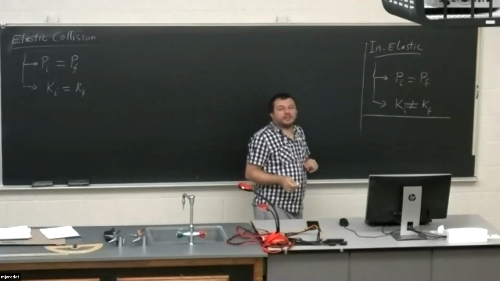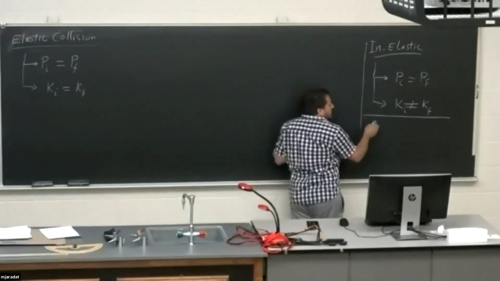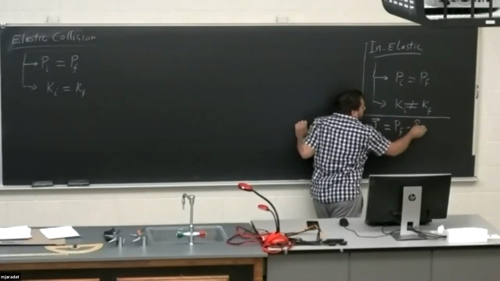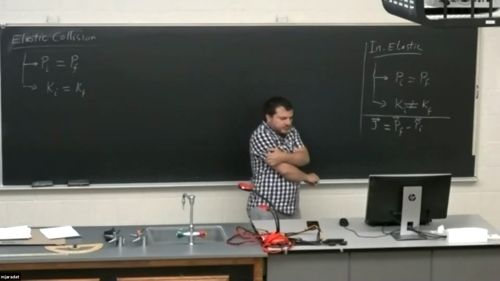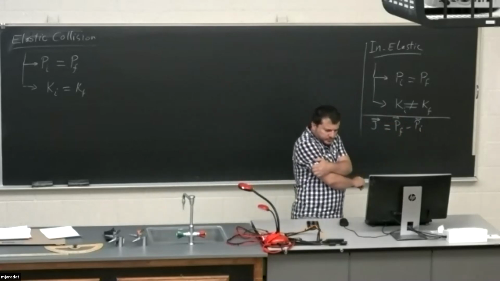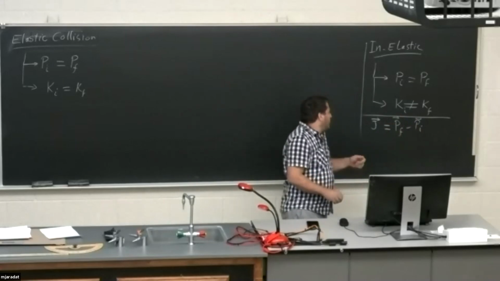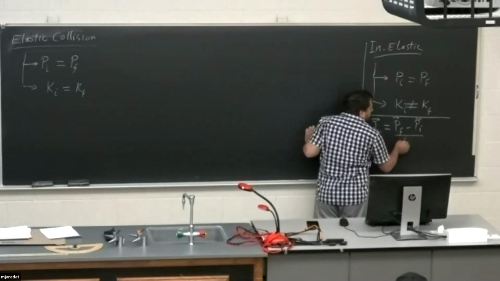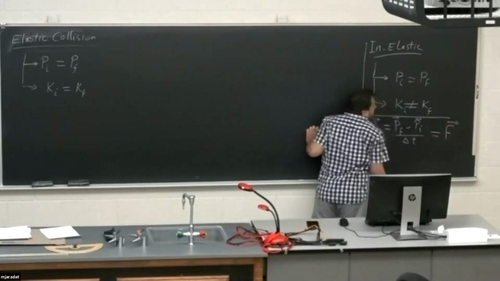If we have any change in momentum in our system, then we have something called the impulse, which is P final minus P initial, which is a vector quantity. Also, if we divide over delta T, this quantity is the force, which is the average force.